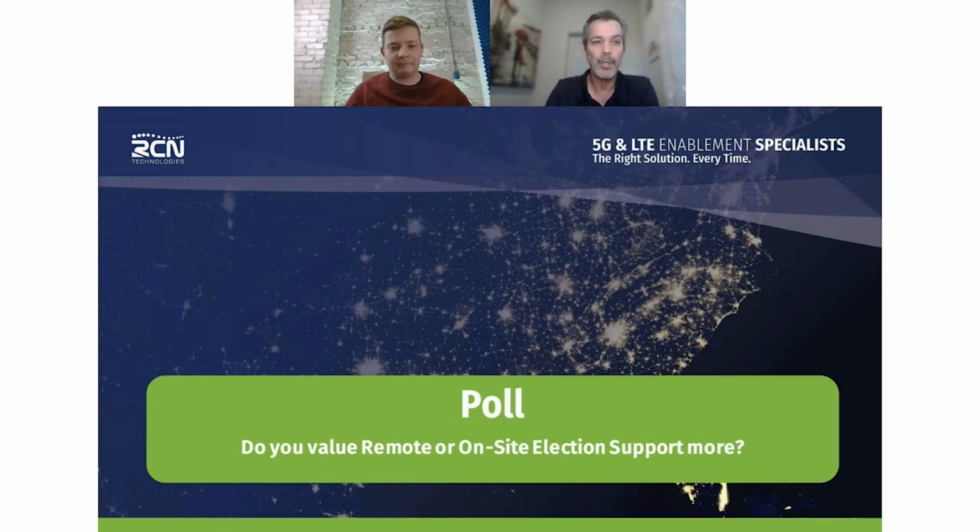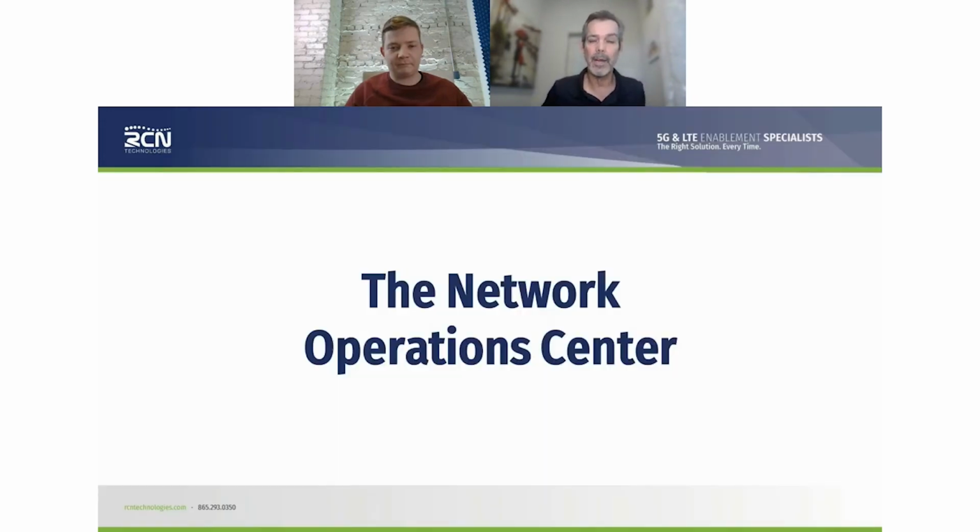So let's get into the Network Operations Center. This is the NOC, or the Network Operations Center. This is what we do, and we feel like we do it very well. We have a large team of individuals that support the NOC and provide that 24/7 service, not just for elections, but for a number of other areas that may reside within your county.